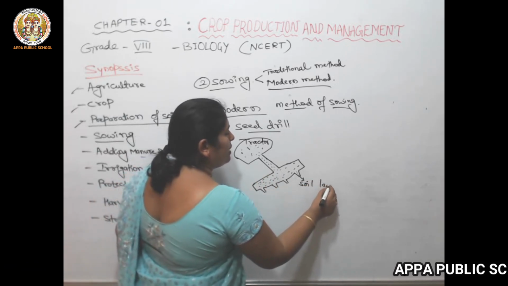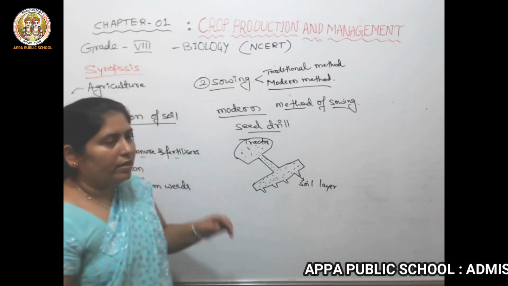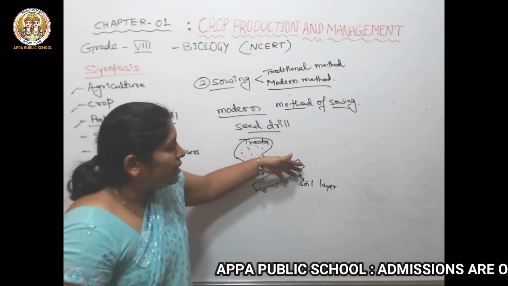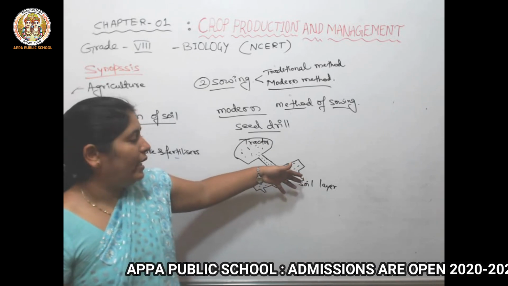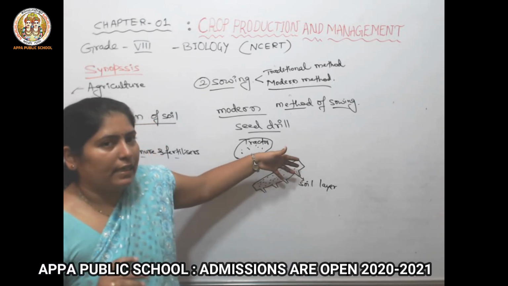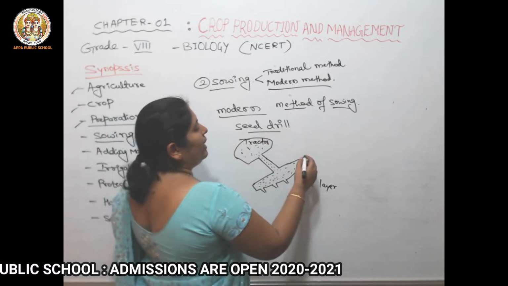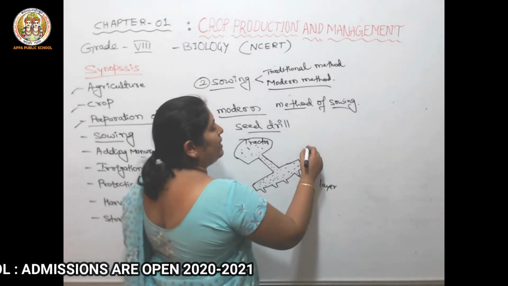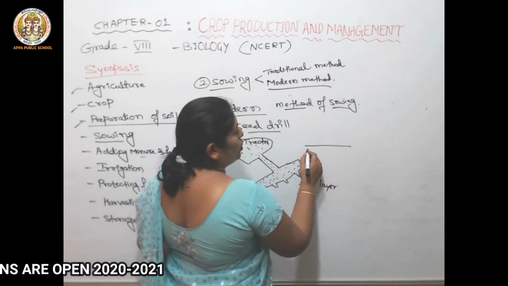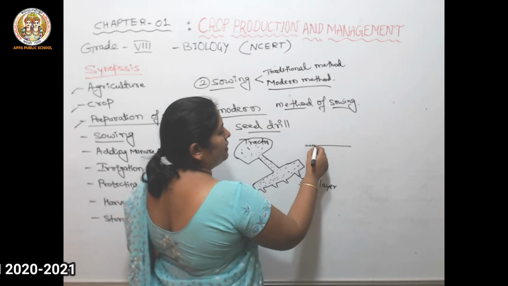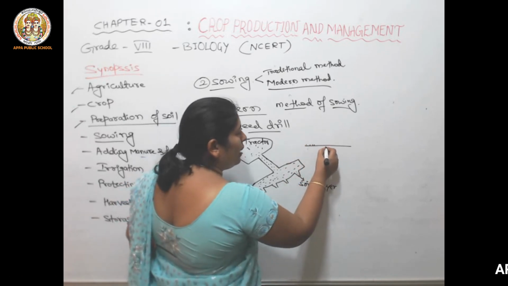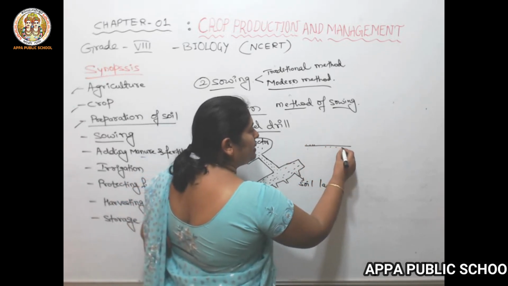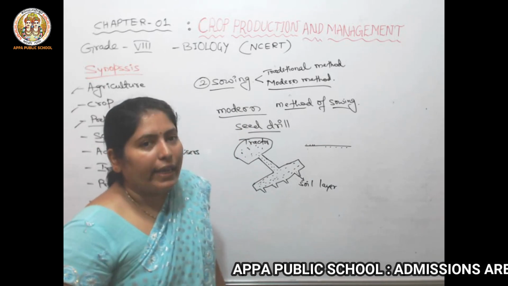Okay, so this is going to pierce the surface of the soil and release the seeds inside. Here this seed drill is not going to sow the seeds upon the surface of the soil. This is going to pierce the soil layer and release the seeds a little bit inside the soil layer.